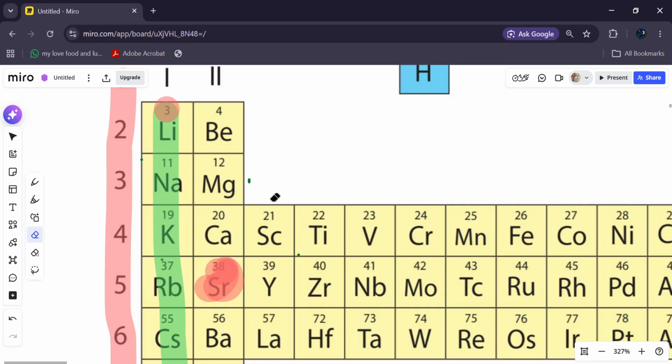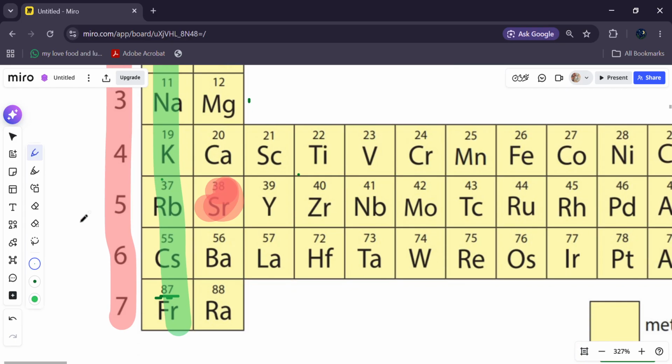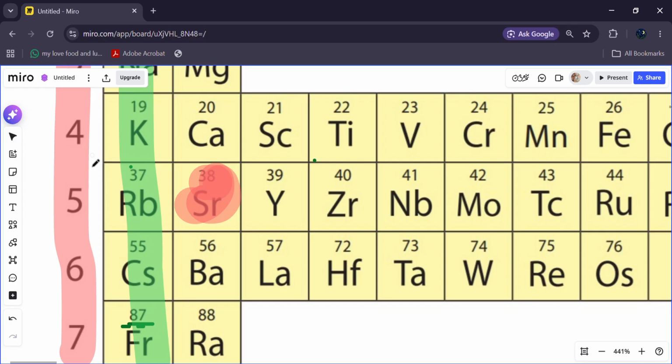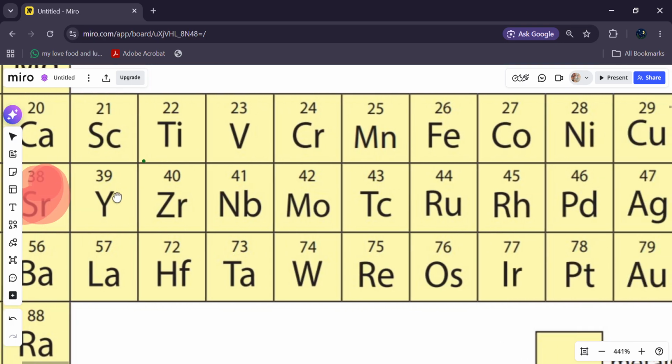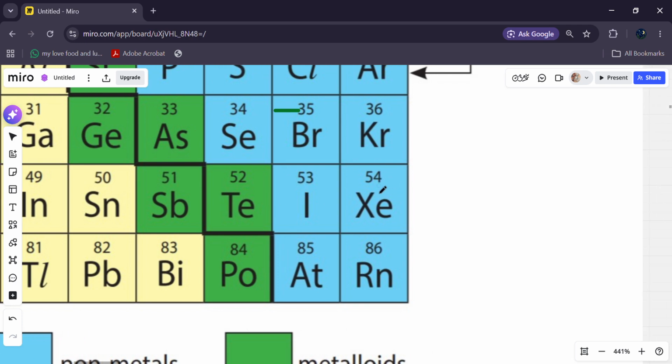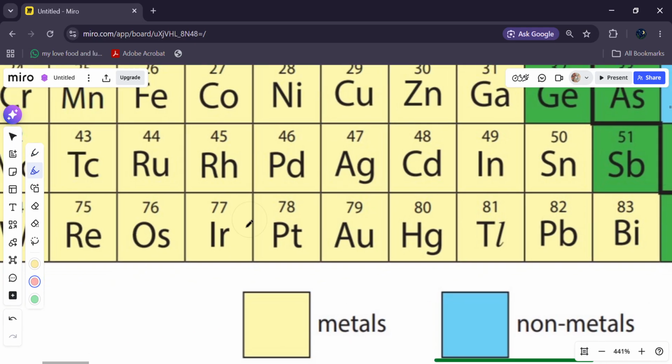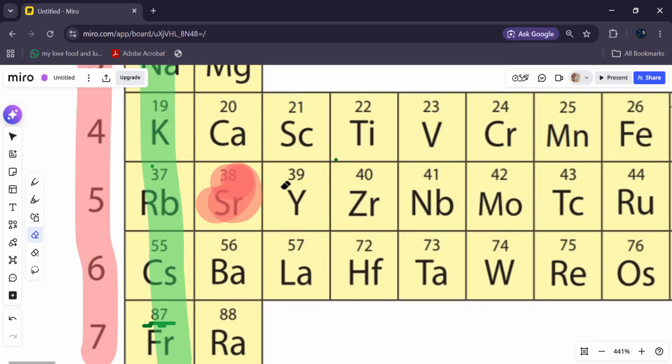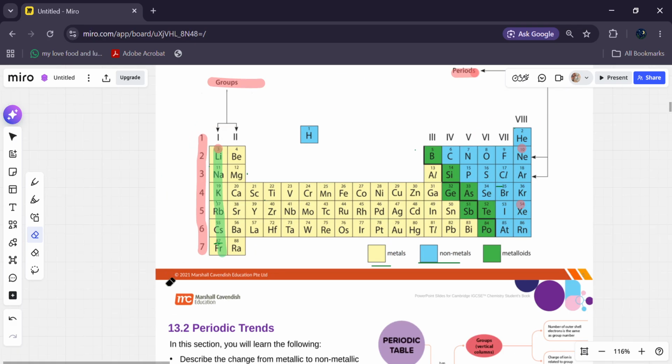However, in its period, it is one of the lowest, the second lowest. As you can see, as it goes on, the highest is xenon with a proton number of 54, while here it's only the second lowest. So this is how the periodic table is organized.